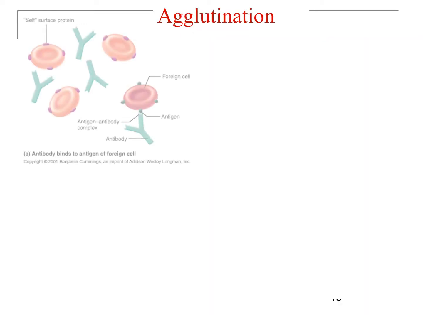Okay, so as far as agglutination itself goes, let's take a look at this. This is the mechanics of how it happens. You're going to see an antibody binding to the antigen of a foreign cell. If you take a look at that foreign cell, look at the little dots present on the surface of the cells. You see the cell surface protein being one shape in the three cells to the top left, and the foreign cell to the bottom right has a different shaped antigen on its surface.